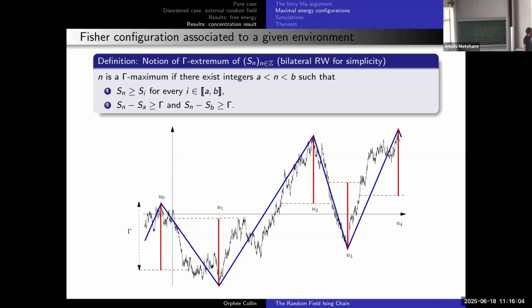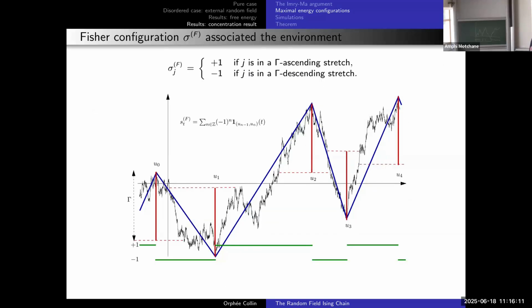And so you have alternating minima and maxima, and in fact the configuration with maximal energy is exactly the configuration which reflects these gamma maxima and minima.